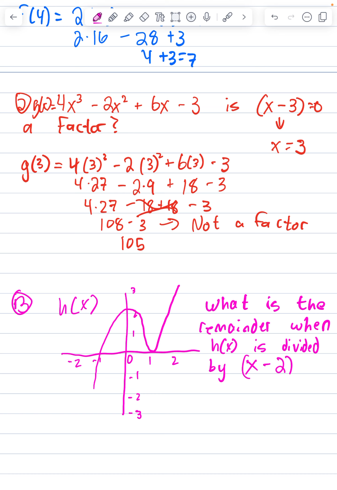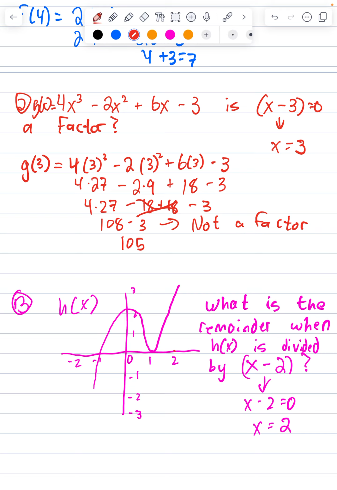So x minus 2 means the zero is x minus 2 equals 0. I solve for x: x equals 2. So I look at where x is 2, right here.